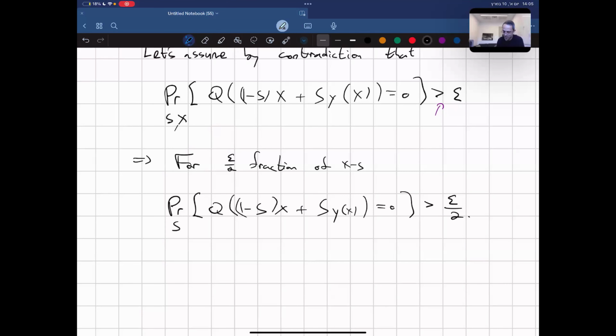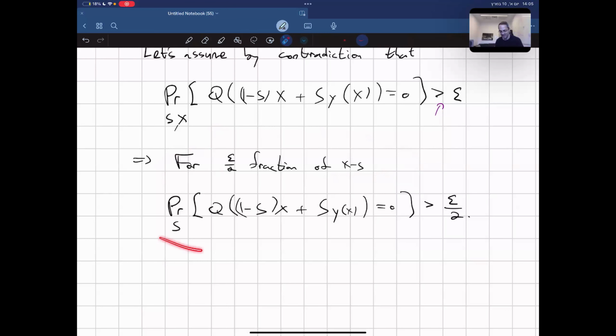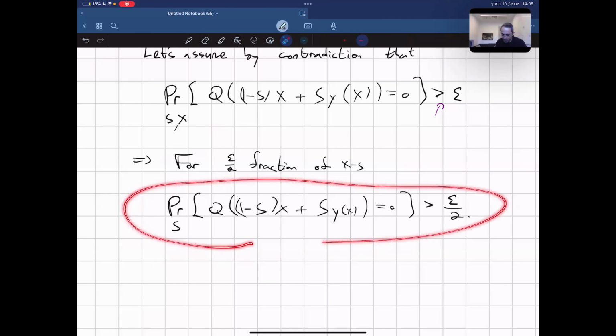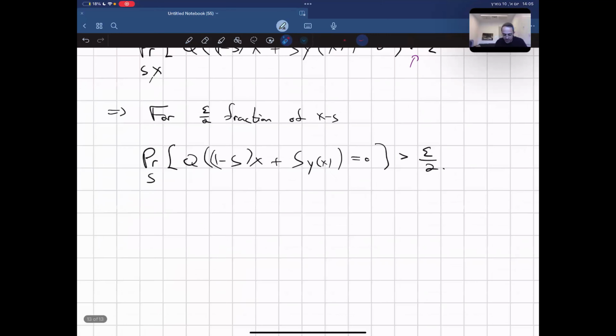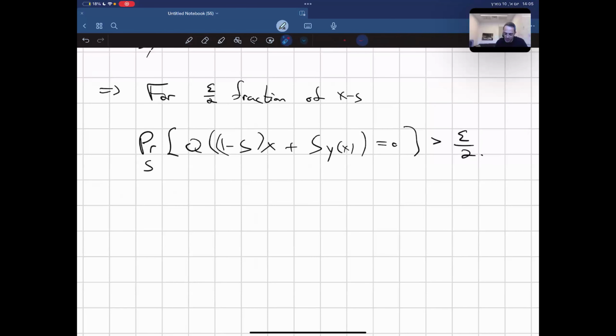Okay, so what's good in that? Now we have fixed the dependency on y and x, and then we fixed x. There are going to be many x's that will work, but we fix x, and now we are looking at this expression. We ask ourselves, what's the probability for this to happen? And the point is that now we're looking at something really nice.